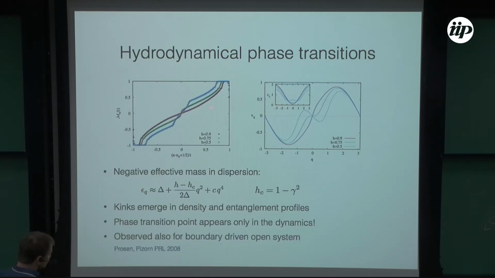In terms of the single particle velocities, this means that for small q's you can give this approximation for the dispersion, and you see that essentially this is sort of the mass of the particle. If you go below h_c, a negative mass appears, right? So if you plot the single particle velocities, you go to negative q's, which you would say are negative momenta, but still they have positive velocities, okay?